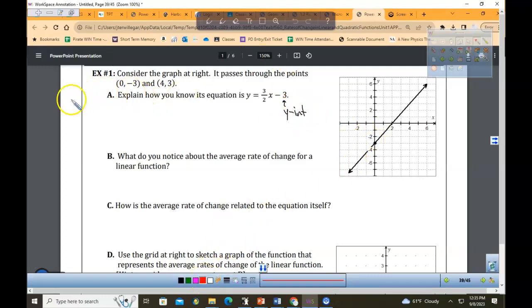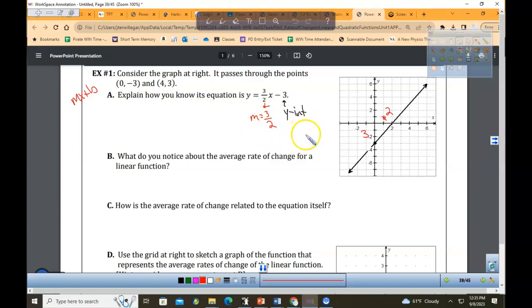That's from my good old mx plus b, where b is your y-intercept, m is your slope. So my 3/2, I go up 1, 2, 3 over 2. So delta y is 3, delta x is 2. So my slope is 3 over 2. That's how I know that's the equation.